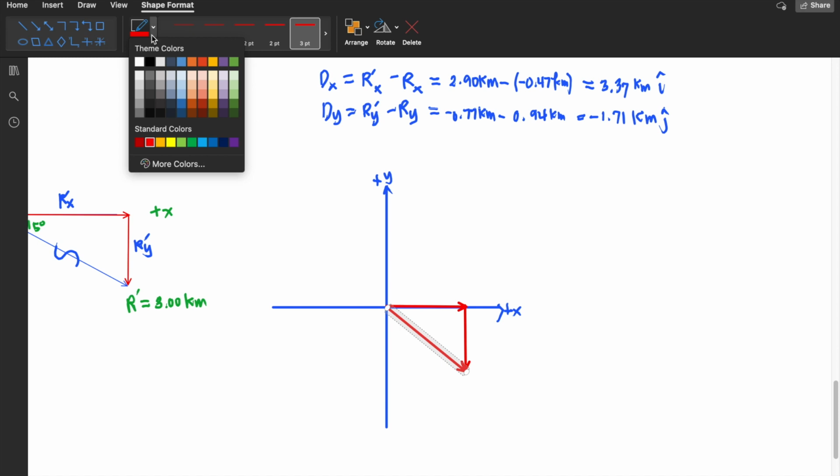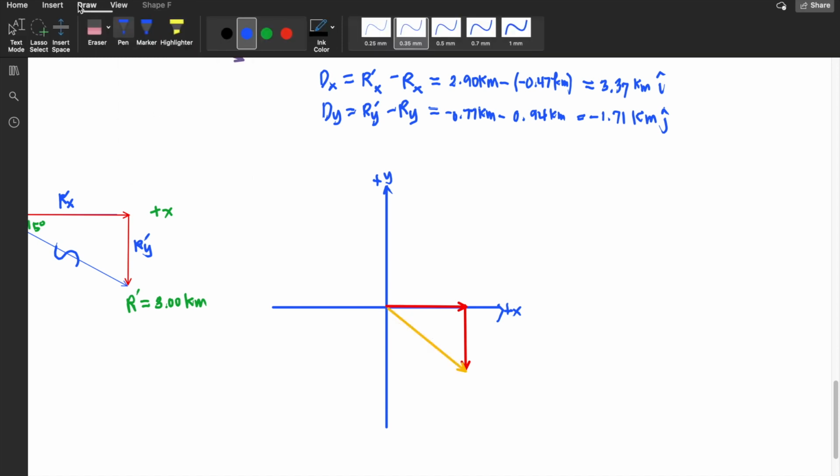This will be your dx, this will be your dy, and this will be the d vector. We're also looking for the angle here, which we'll name alpha.